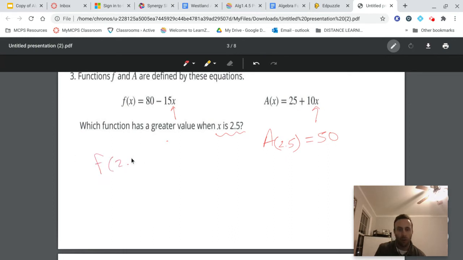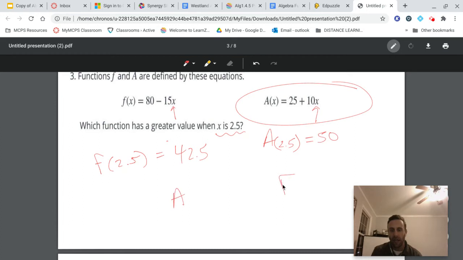F of 2.5, if you plug in a 2.5, you'd have 15 times 2.5, which gets you 37.5, and 80 minus 37.5 will get you 42.5. All I did was plug in a 2.5, and you can see that function a is greater when x is 2.5.